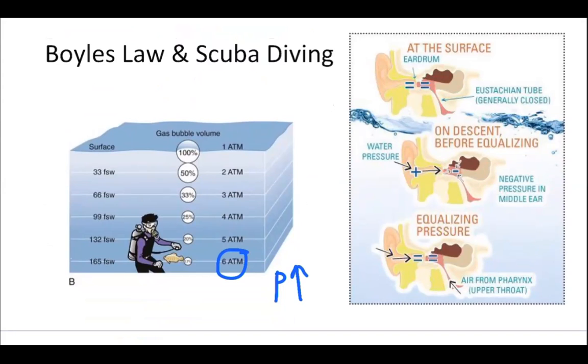And the reason that you often feel that pain in your ears, if you've been scuba diving or dove down to the bottom of a pool, is that as the pressure is increasing, there are little bubbles of gas inside your ear, your internal structure, and the volume is decreasing. So your inner ear is literally being crushed because the gas is shrinking, and all of that bone and tissue is also imploding in on itself.